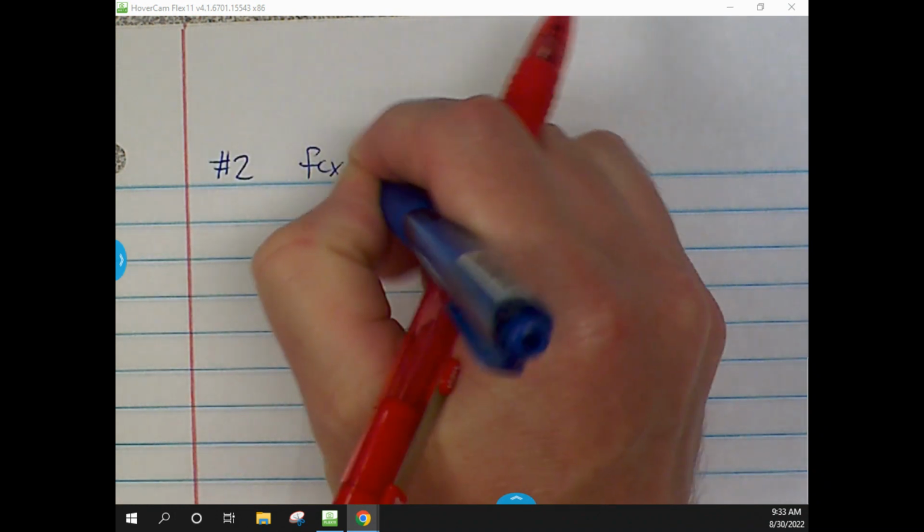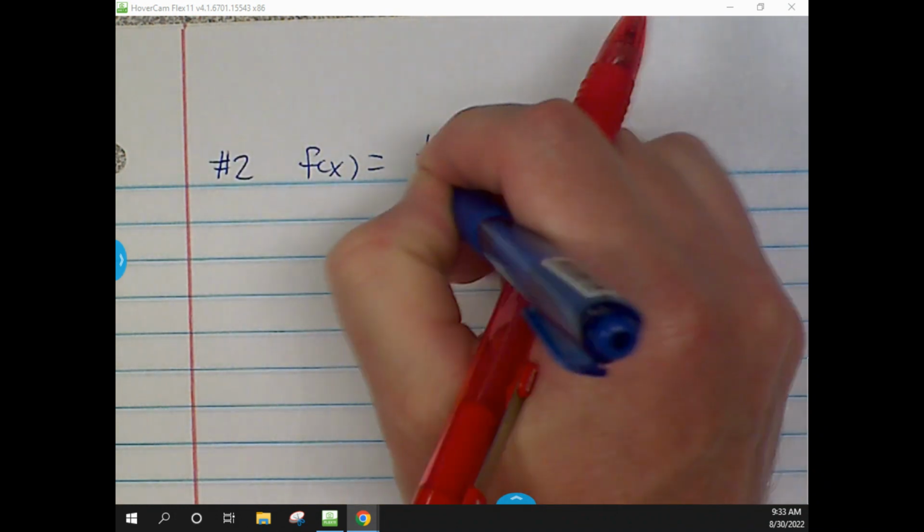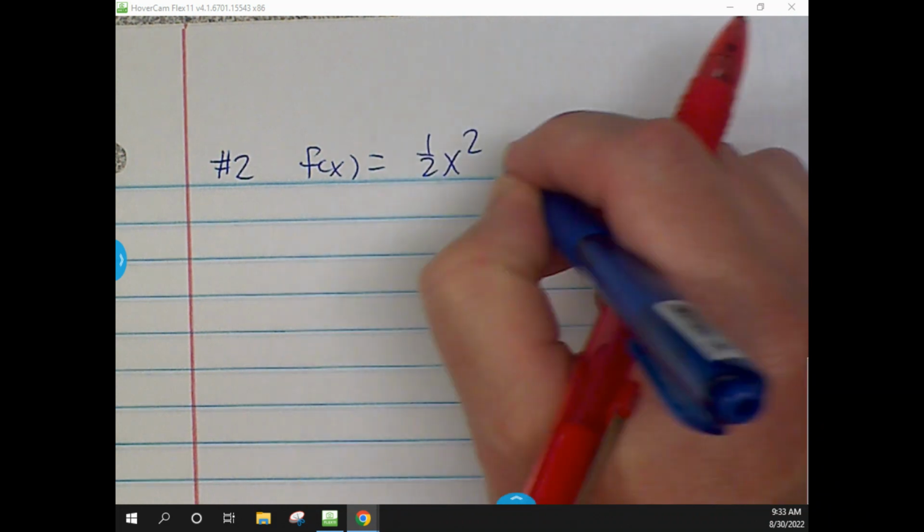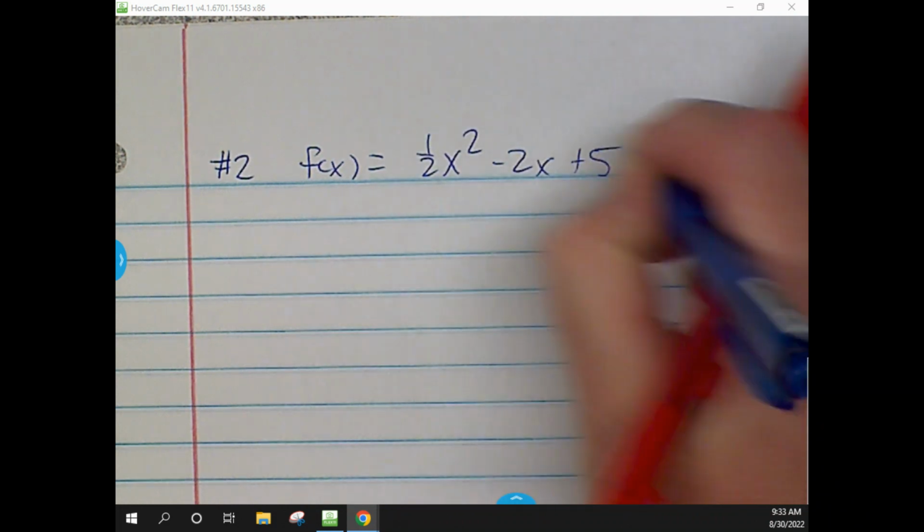All right, with a fraction, let's do this, just so we can see that we won't be able to cheat on this one. For number 2 here, let's do f of x equals 1/2 x squared minus 2x plus 5.